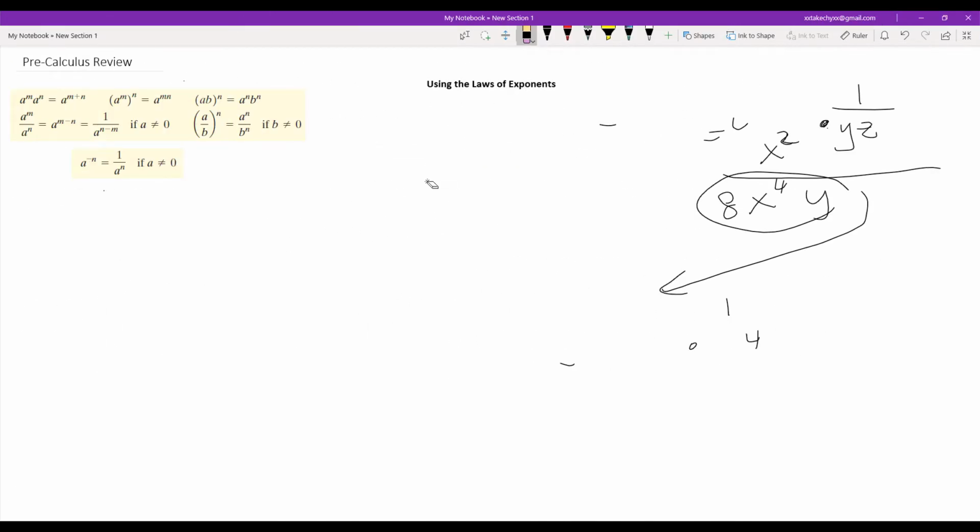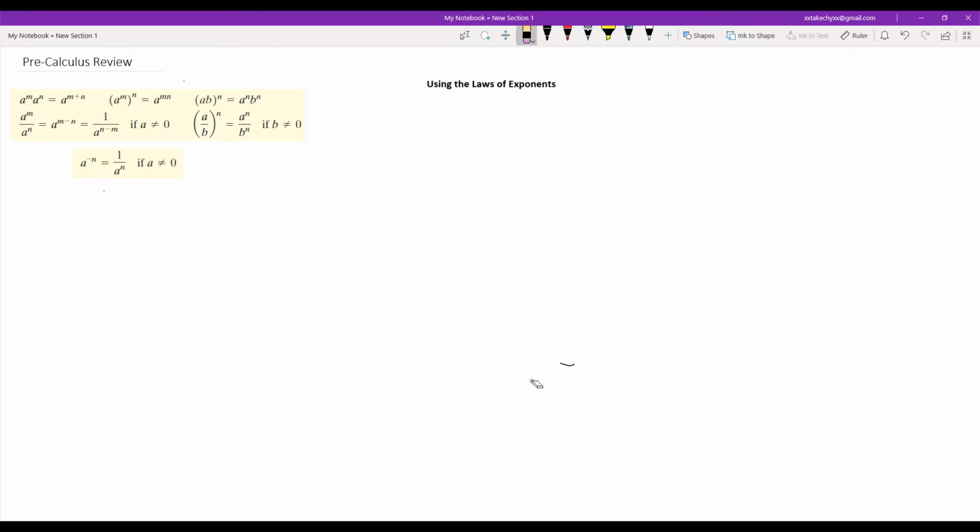So now to conclude, I will include these last exercises. These are fairly simple, okay? I'm just going to try to use the other formulas with these exercises. So we have x to the negative 3 times x to the 5th power. And now, take a look at this formula here.